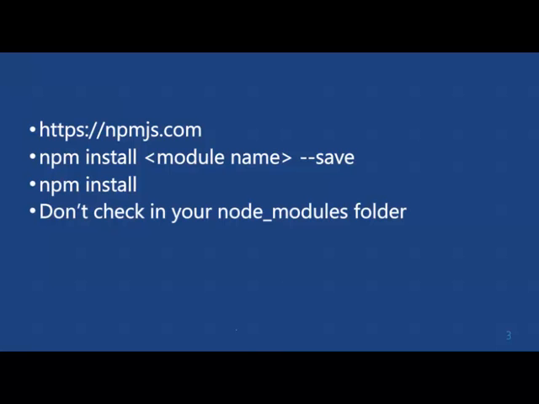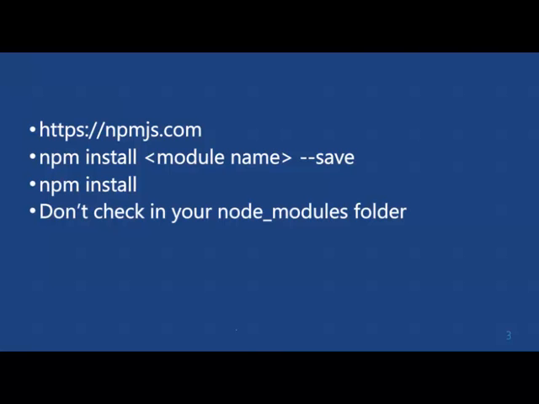So the first one, we have a portal called npmjs.com, and using that portal you can find a lot of different modules for your Node.js apps, and you can easily install those modules using the npm install module name --save command, and it will create a local folder with Node modules on your machine.